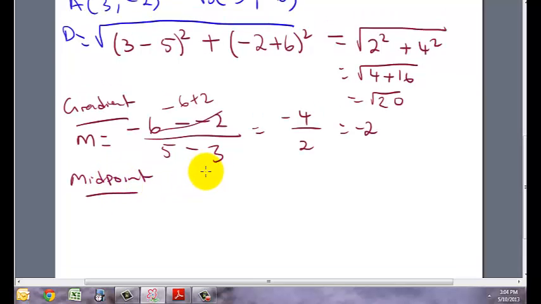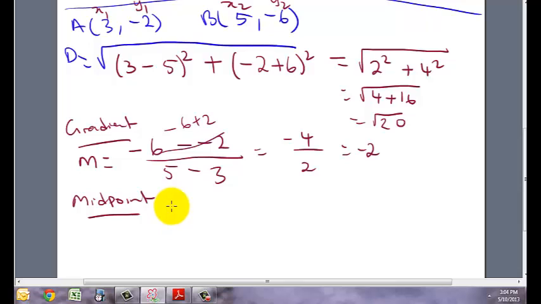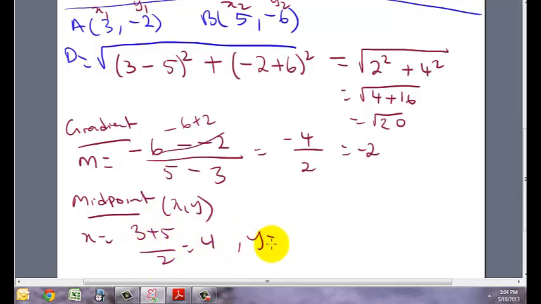And your last one is your midpoint. Midpoint, you just have to add up the 2 and divide it by 2. Add up the 2 points and then just divide it by 2. So nice and easy. X equals x1, which is 3 plus 5, over 2. y1 is minus 2 plus minus 6 all over 2.